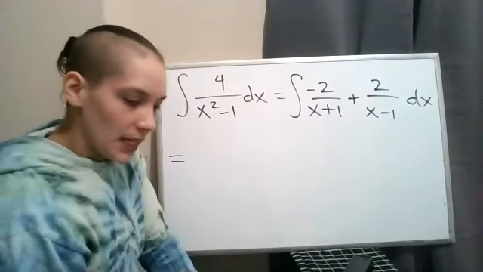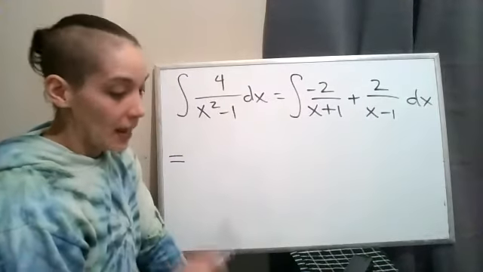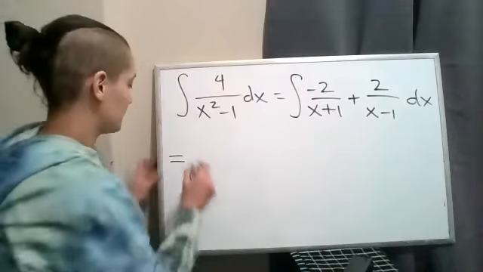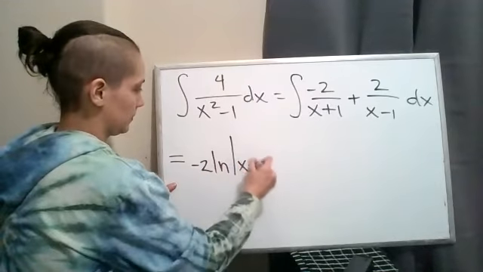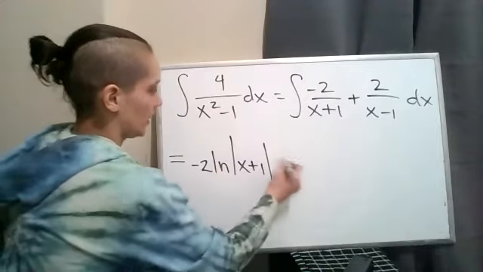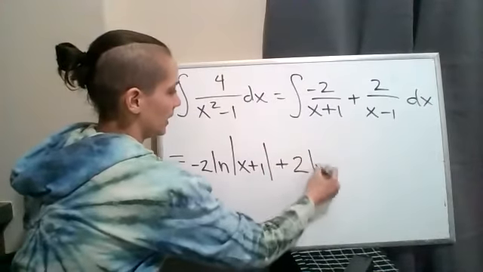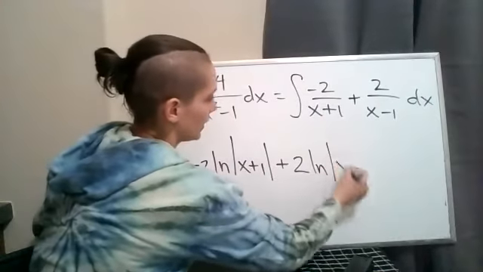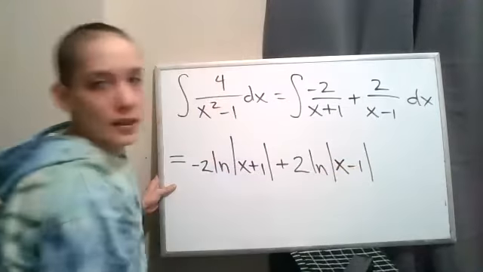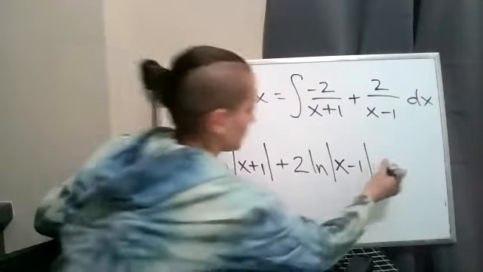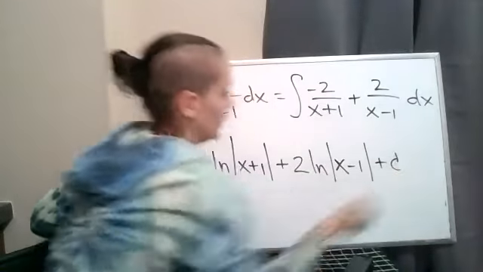So this is going to be -2 ln absolute value of x plus 1, plus 2 ln absolute value of x minus 1, plus c. And we're good.